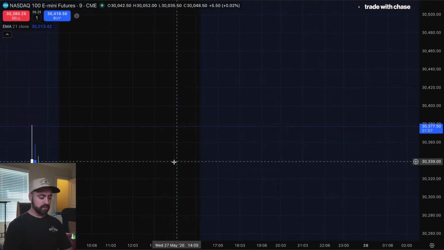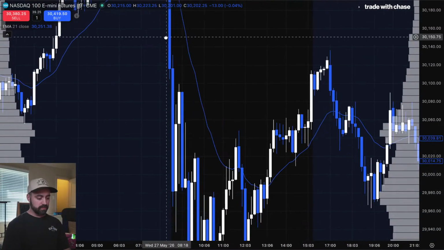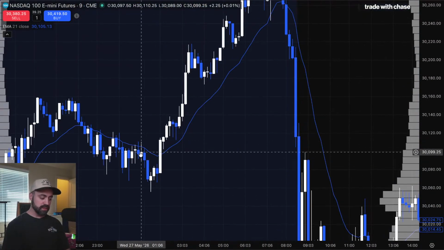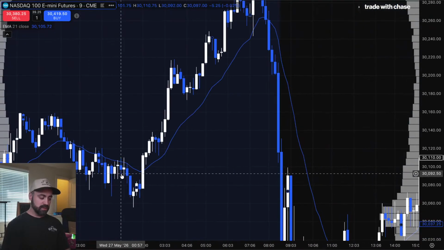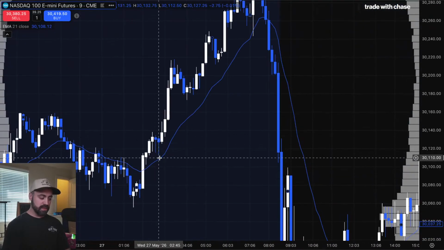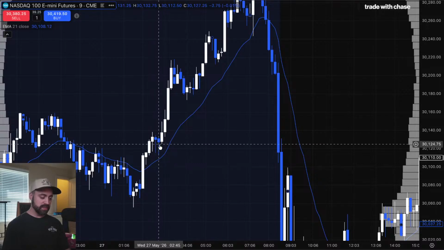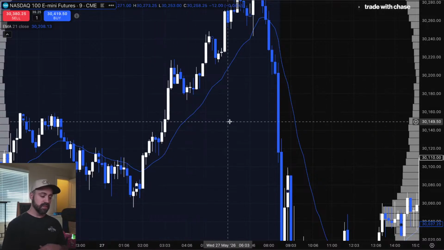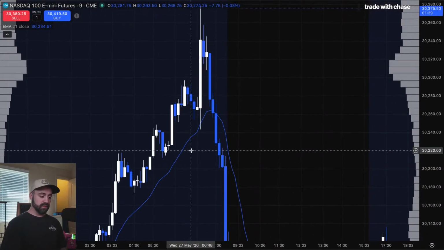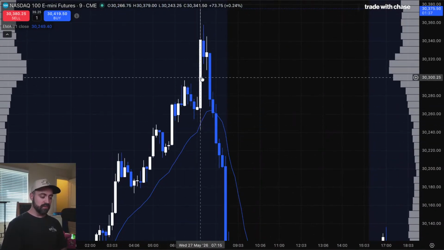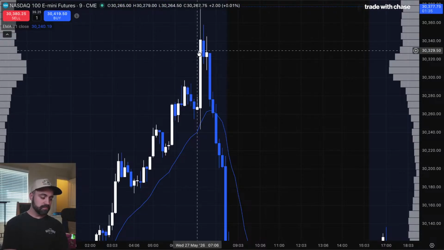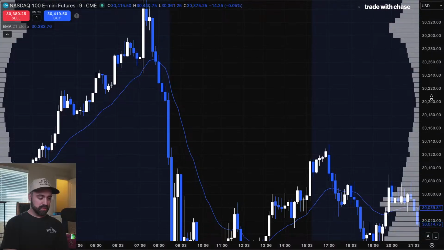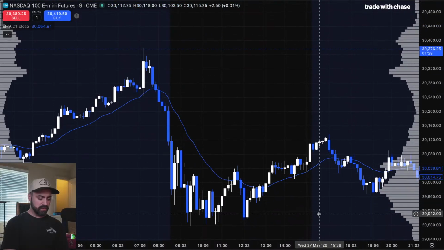Let's see if we can find a good example. Like this is closer. As this uptrend was happening, this came down. It never crossed that line, but as it comes down and gets close to it, it rejects and goes the other direction. Even here, came down, rejected, went all the way up. So this is typically what I look for.